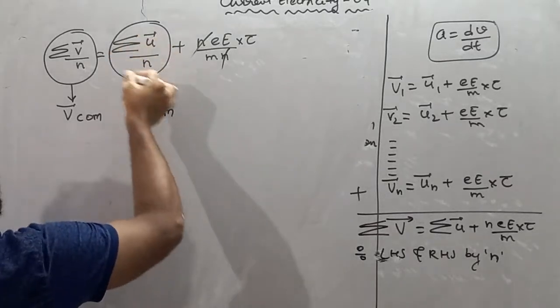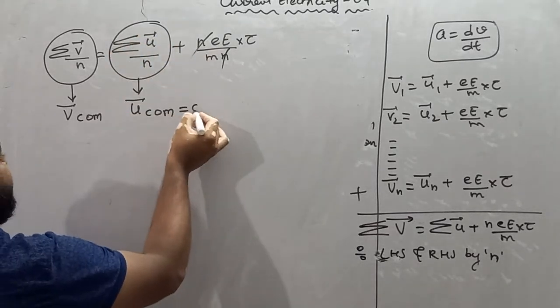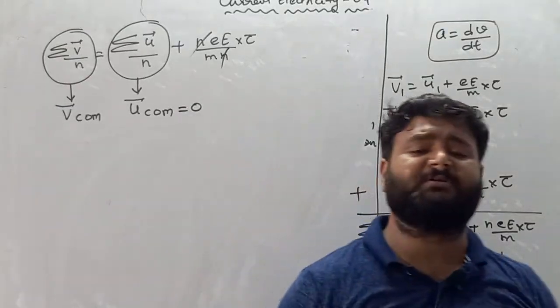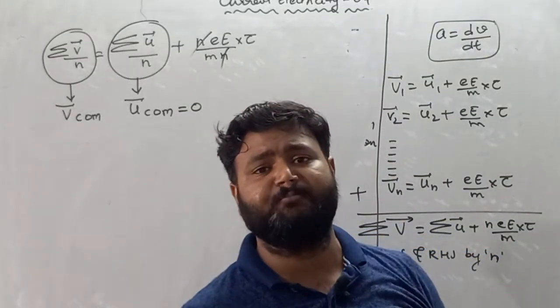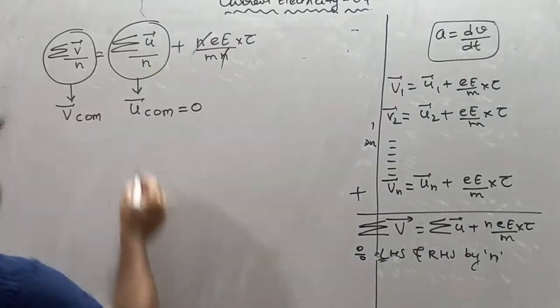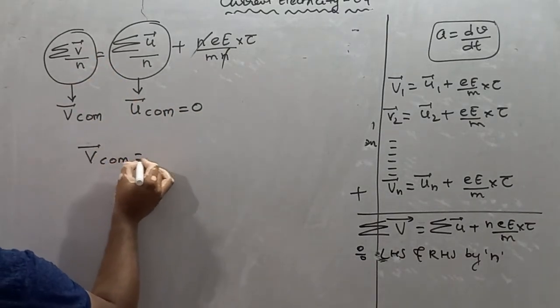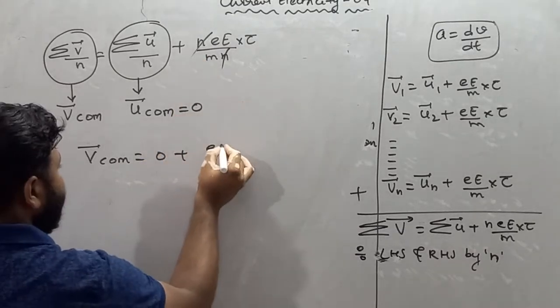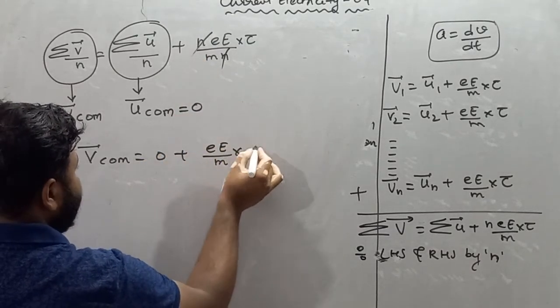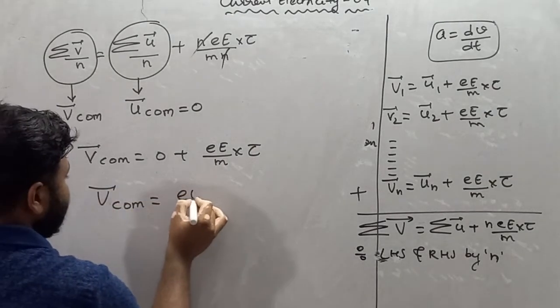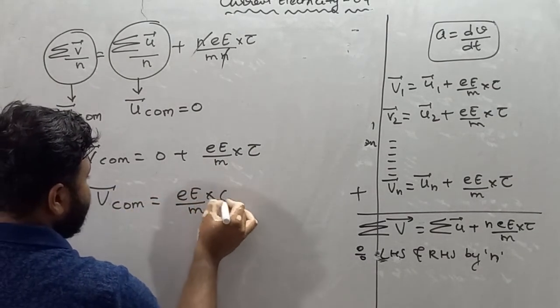Now see, my dear student, summation u by n is nothing but 0, as we already discussed, because initially the effect of all the free electrons in motion is nothing. So u center of mass is 0. So v center of mass is equal to 0 plus E by m into tau. So v center of mass is equal to E by m into tau.